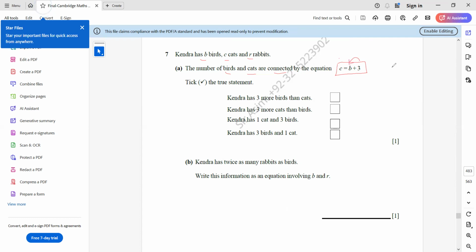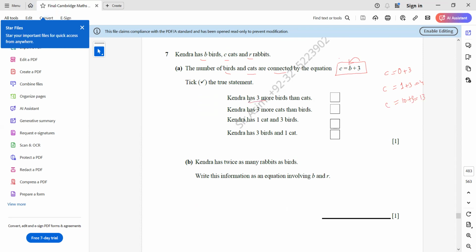For example, if there are no birds, there would be 3 cats. If there is a single bird, the number of cats would be 4. If there are 10 birds, the number of cats would be 13, and so on.